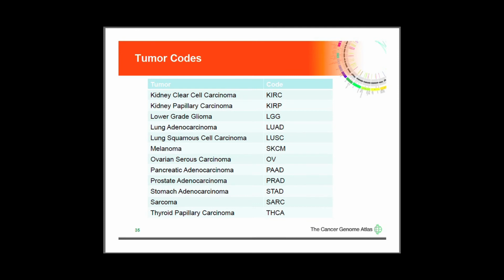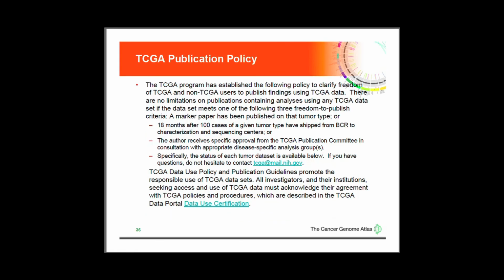Again, I'll share these with you in case you come across these so you know what they are. I would be remiss if I didn't point out that TCGA has a publications policy. This is updated on the main TCGA website. Essentially, we're doing a lot of work. We have 7 data analysis centers.